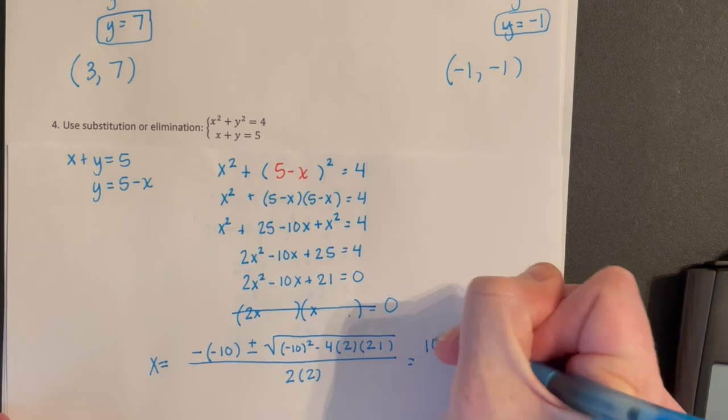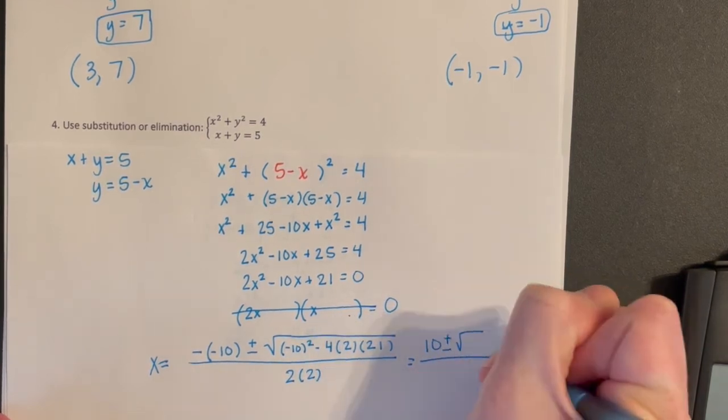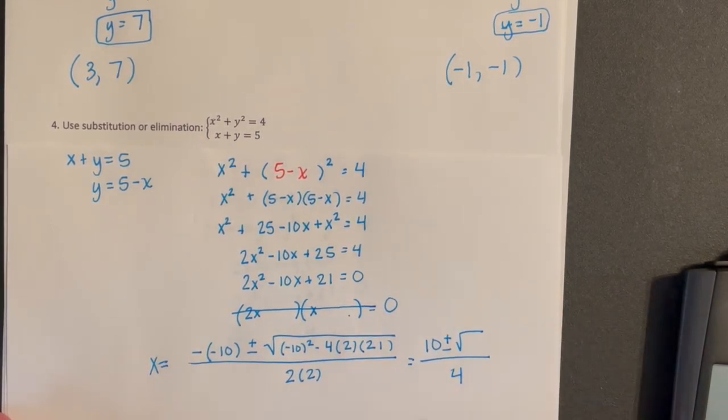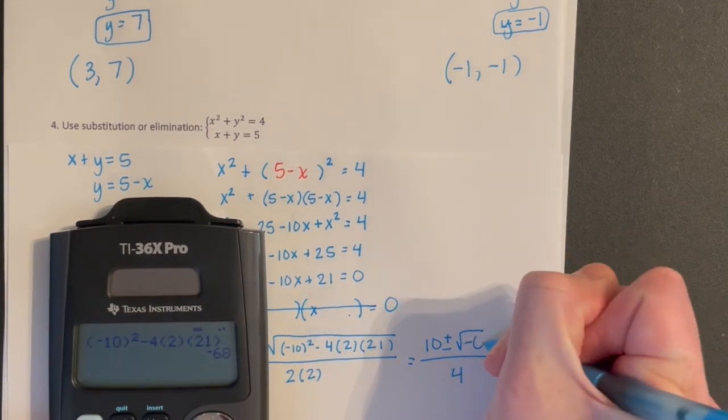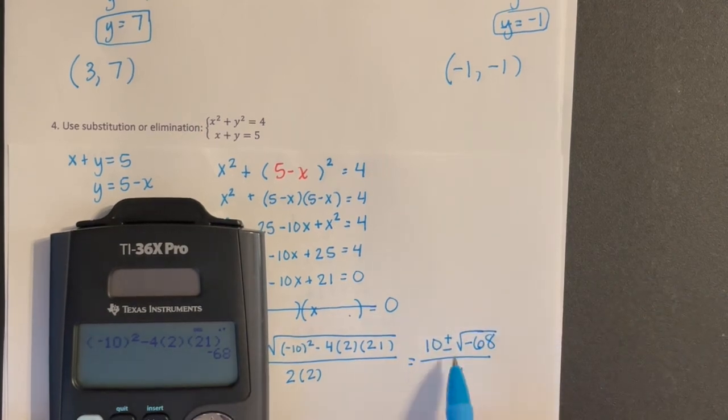Our calculators give 10 plus or minus the square root of something over 4. Let's just figure out what goes inside the square root. So negative 10 squared minus 4 times 2 times 21 is a negative 68. Automatically what I'm seeing here is I'm going to have an i situation.